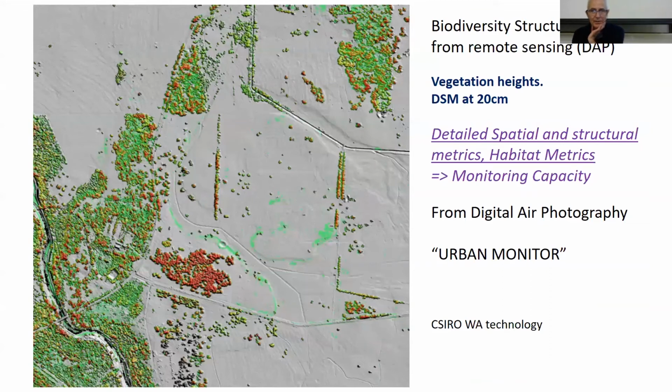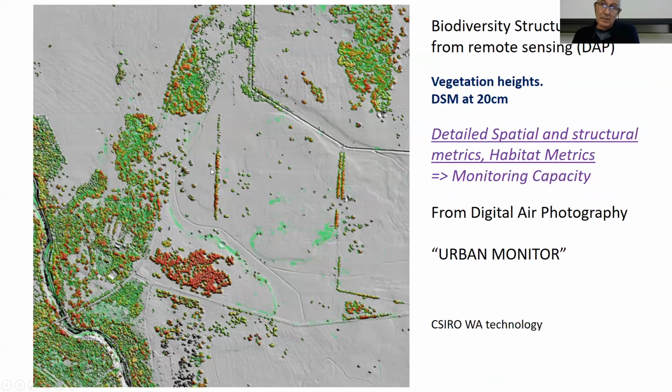And before I leave the good pictures, structure is mentioned. Structure at the landscape scale. This is actually an image or a data set derived from digital air photography. It's a 20 centimetre resolution. And it's a semi-cleared area near Mandurah.